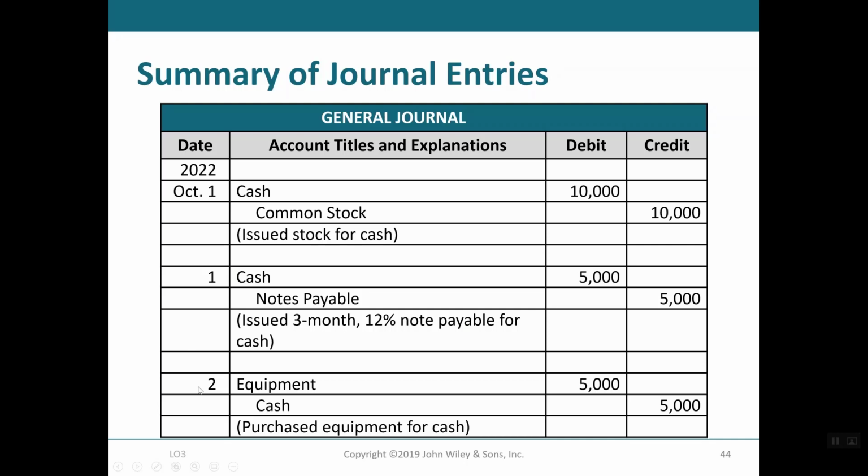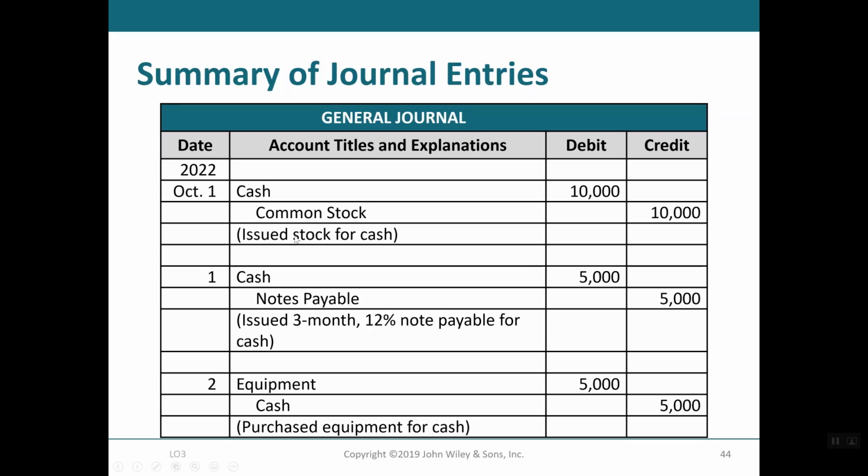Let's say I'm looking for a transaction that happened on the 2nd of October. It's so easy to identify, right? Because it's recorded in chronological order. And then we see the last part is the explanation of what happened, so that anybody who reads the journal has an understanding of what actually happened.